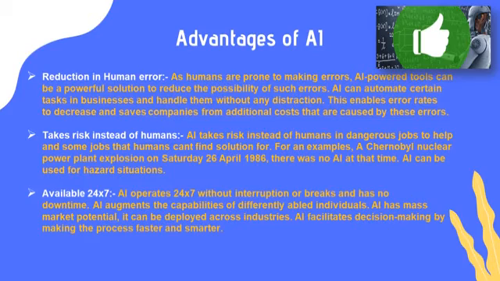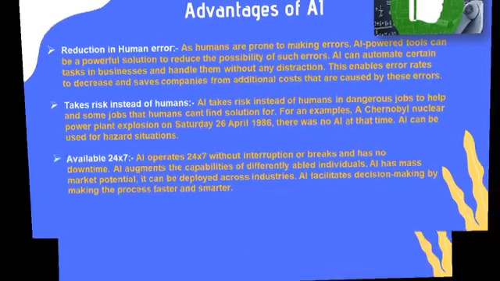Available 24/7. AI operates 24/7 without interruption or breaks and has no downtime. AI augments the capability of differently abled individuals, and AI has mass market potential. It can be developed across the industries, and AI facilitates decision making by making the process faster and smarter.